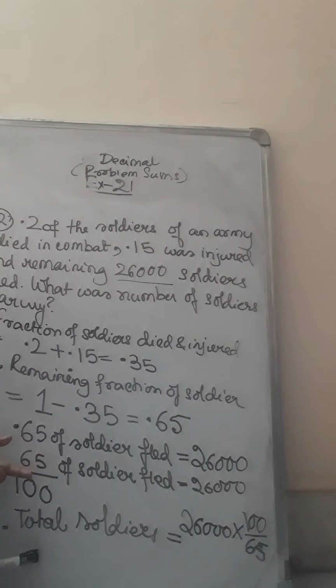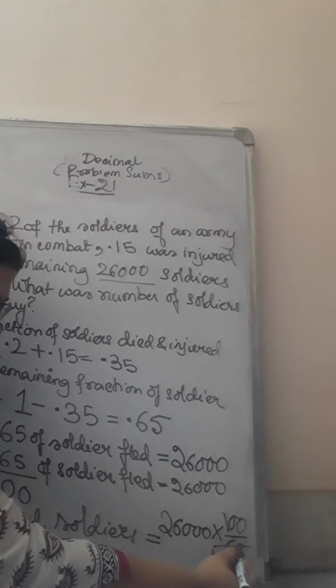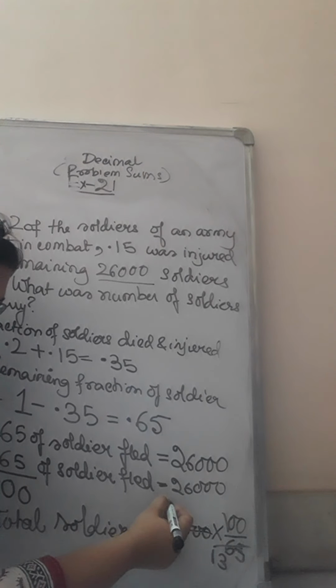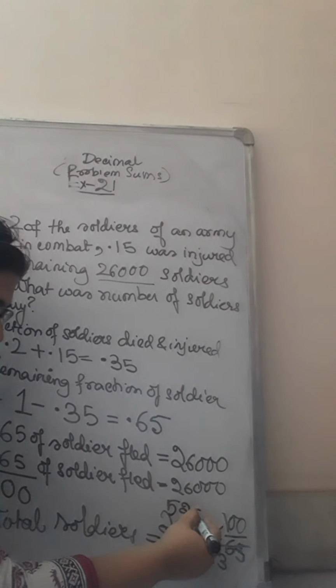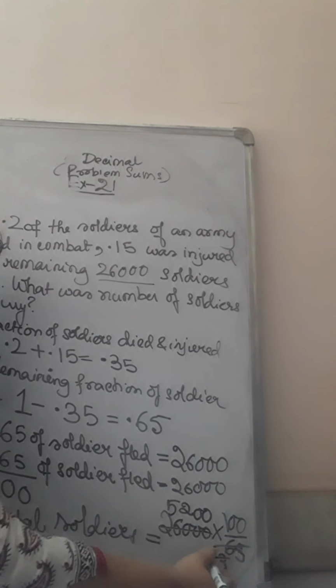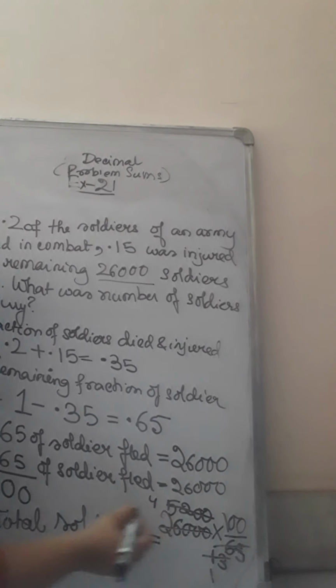So now we can cancel with 5. Again you can check with 13 if you can cancel. 13 fours are 52.